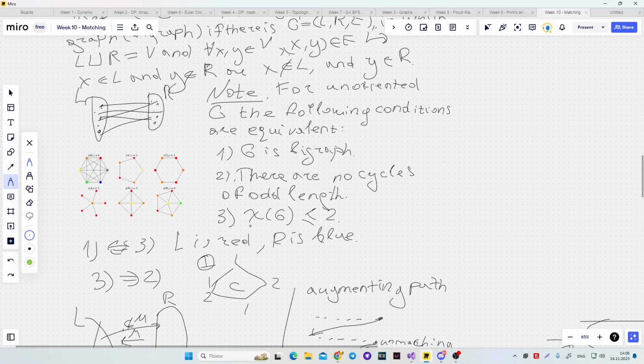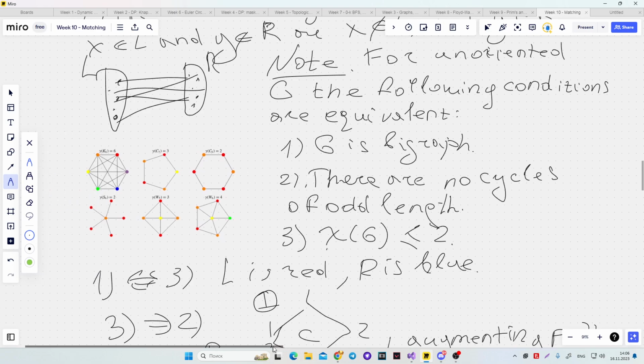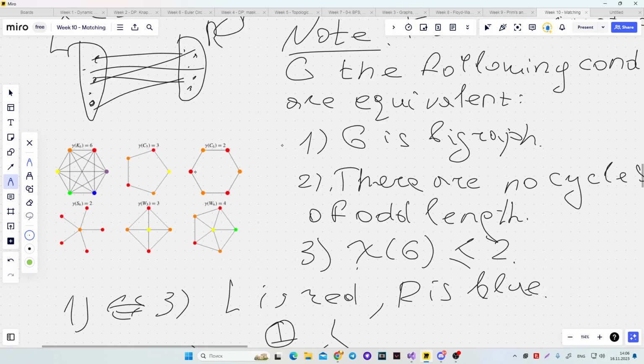Here the chromatic number is the minimum count of colors that we need to paint the vertices of our graph, so that no two adjacent vertices have the same color.